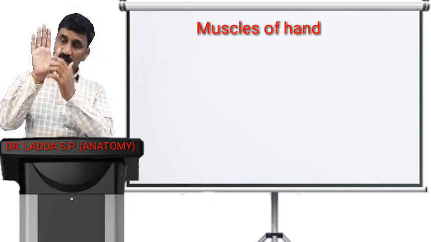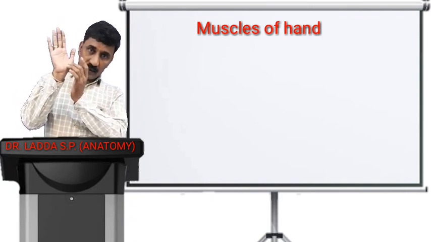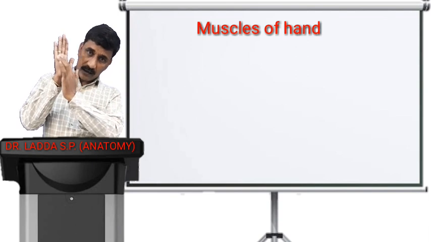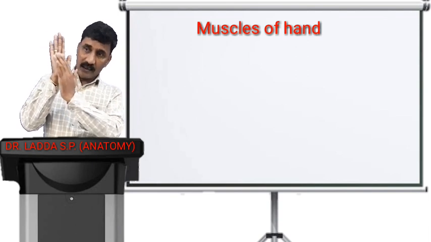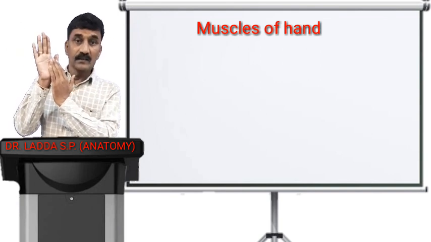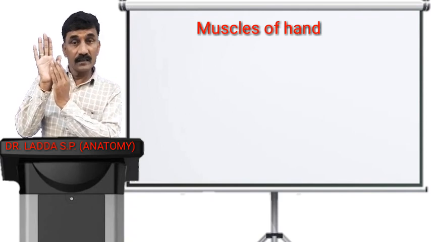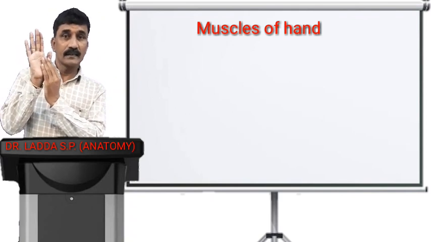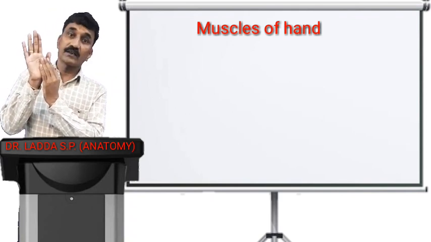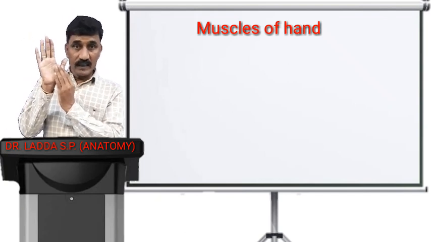Now friends, this is the hand. This portion is the thenar part and this is the hypothenar part. Towards the thenar part there are three muscles. Actually there are four, but three are concerned with the thenar.